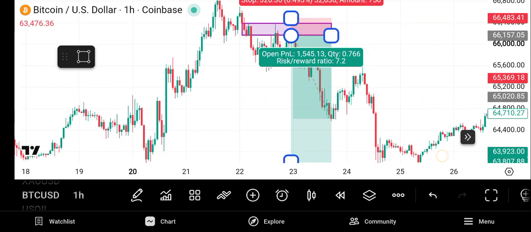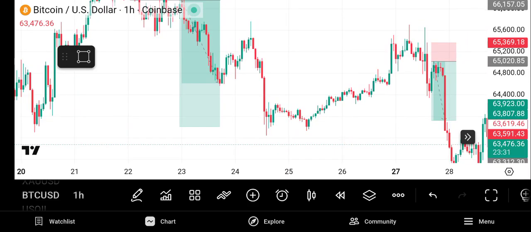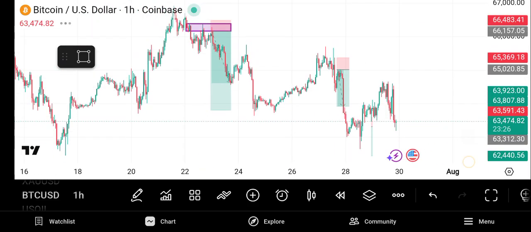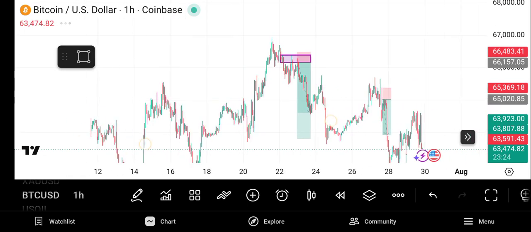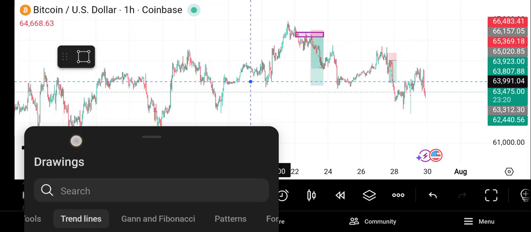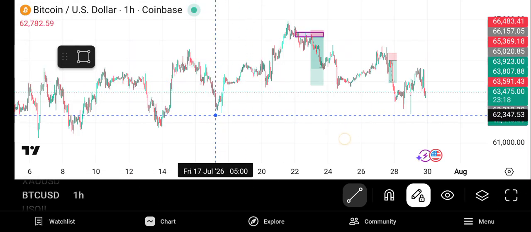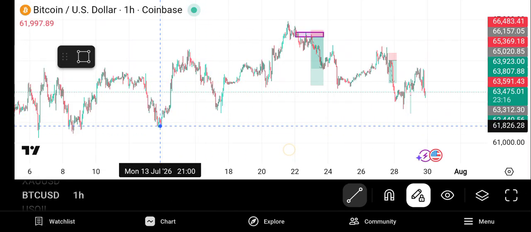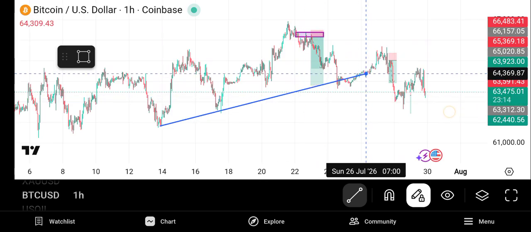Market is trending down. So as the market is trending down, what you should be looking for on a lower time frame is to clear this trend line liquidity. So observe very well, there is trend line liquidity here. The market is trying to sell. There is trend line liquidity here.